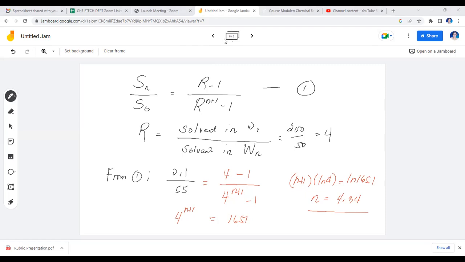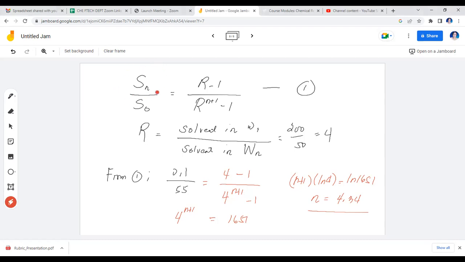About the 55: that is solute, not solid. Solute in the underflow. So in here you have solute in the nth thickener for your S sub n.